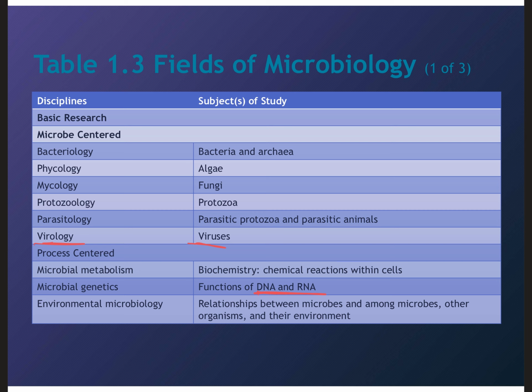Environmental microbiology, so the relationships between microbes among other microbes and other organisms and their environment, right? We are now learning about all of the things that are inside of our gut. And all of those things inside of our gut, yeah, they do a lot of things that we didn't know they did.